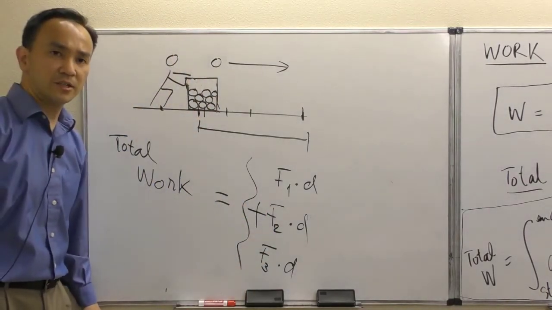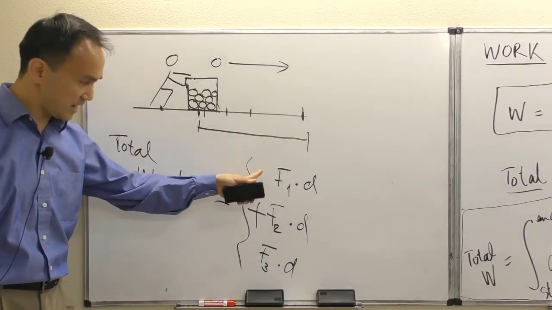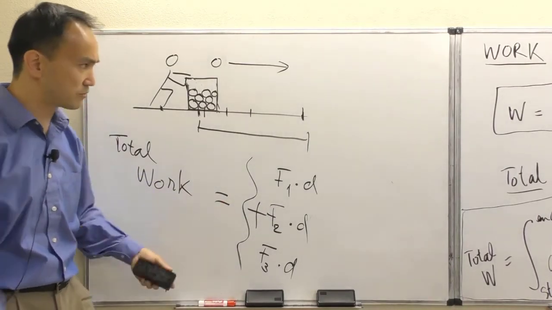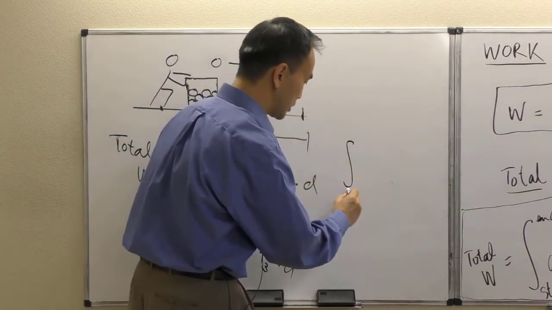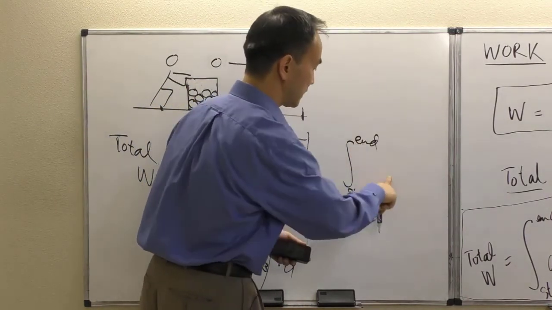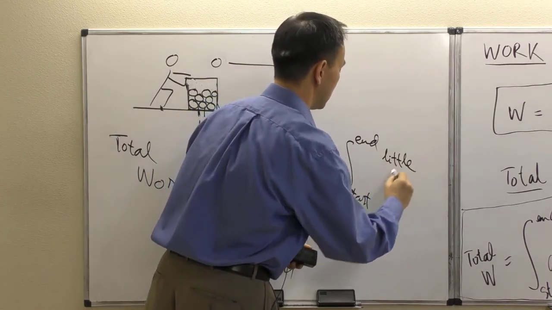In that case, the action we're doing here, adding up all these little work amounts, is another way of saying what that smart man is doing. He's accumulating all of his little work amounts from a start to an end.